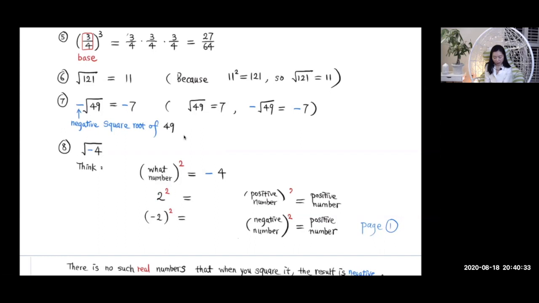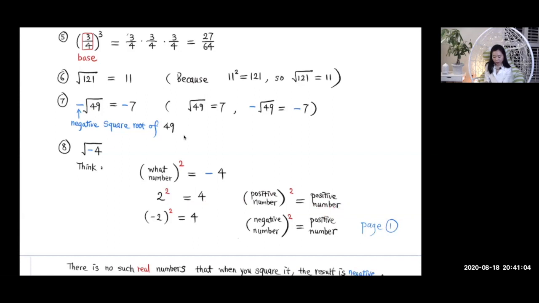2 squared is equal to positive 4, right? And the square of negative 2: negative 2 times negative 2 is positive 4. So again, it is going to be positive. When you square a positive number like 2, the result is a positive number like 4.